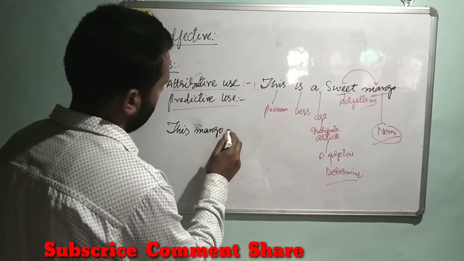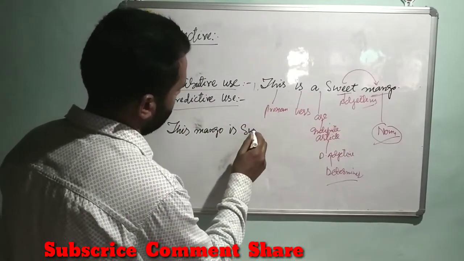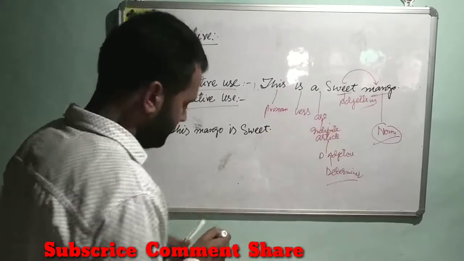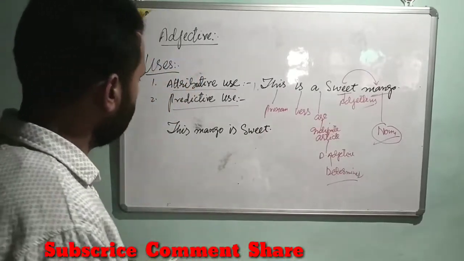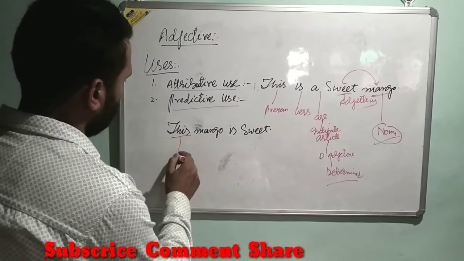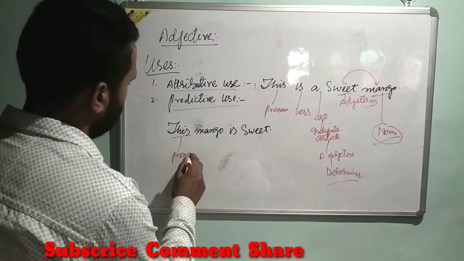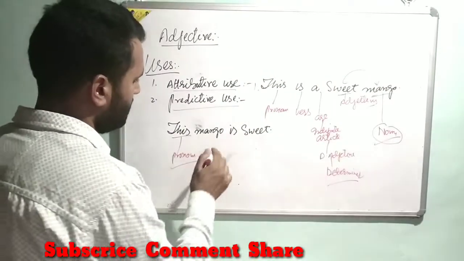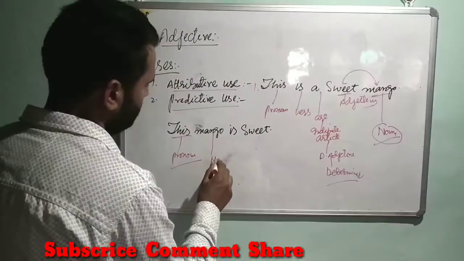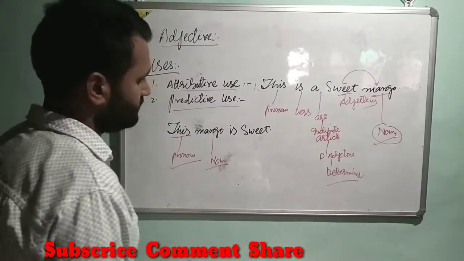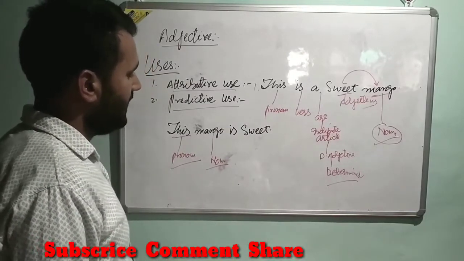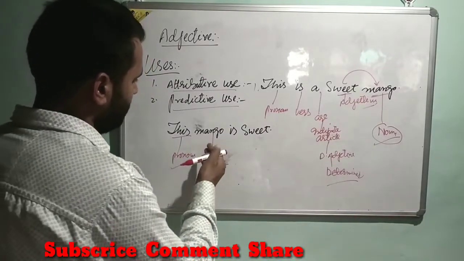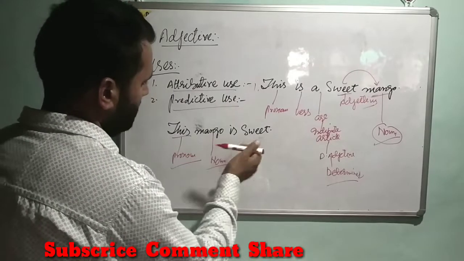This mango is sweet. This is another sentence. In this sentence, this is pronoun, and that's demonstrative pronoun that we have previously discussed. And this is noun, and this is verb.